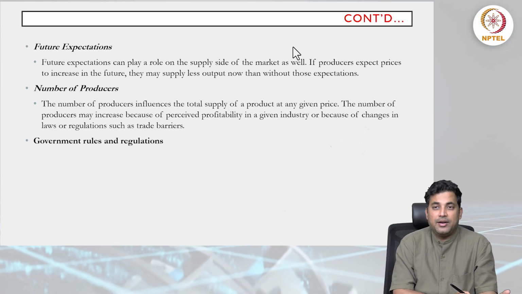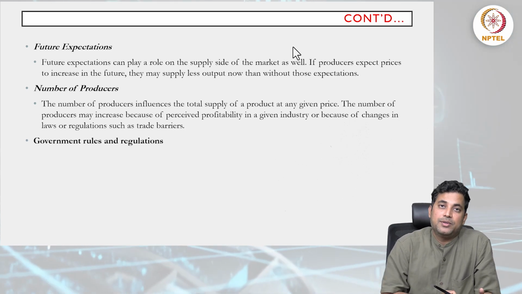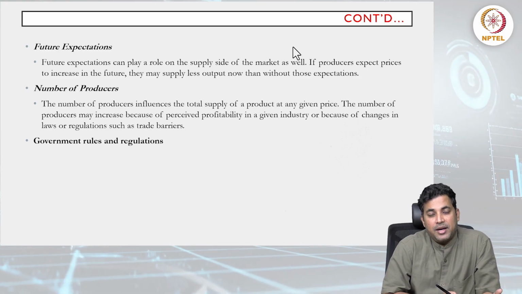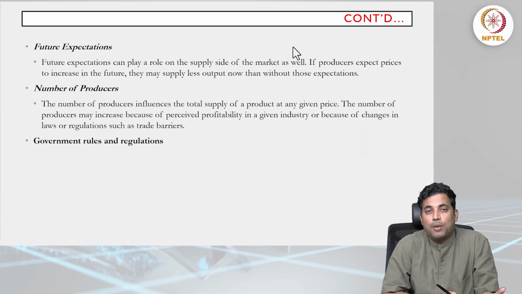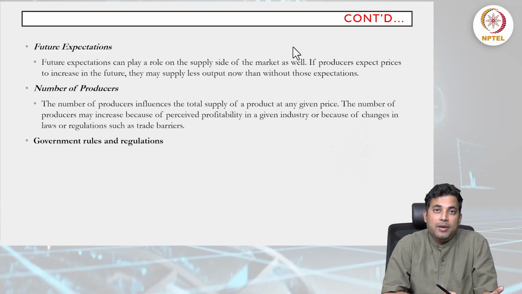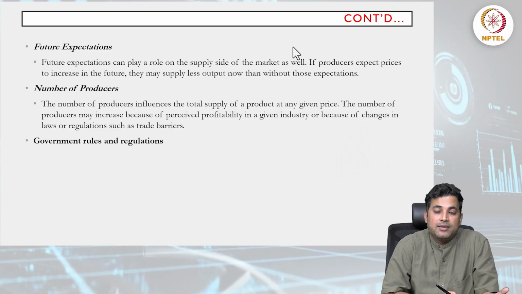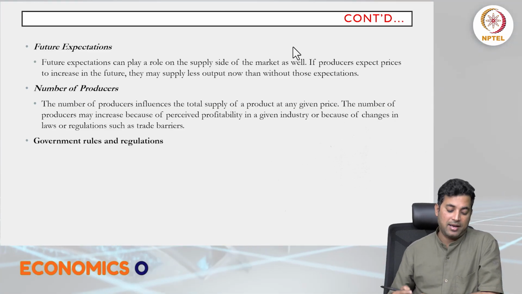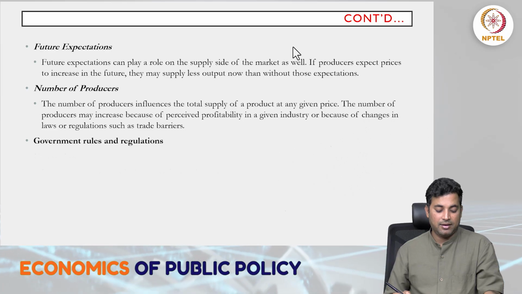And government rules and regulations: if the government introduces taxes or subsidies on input prices, for instance crop subsidies, or increases the minimum wages, then of course this will have an impact on the supply curve.